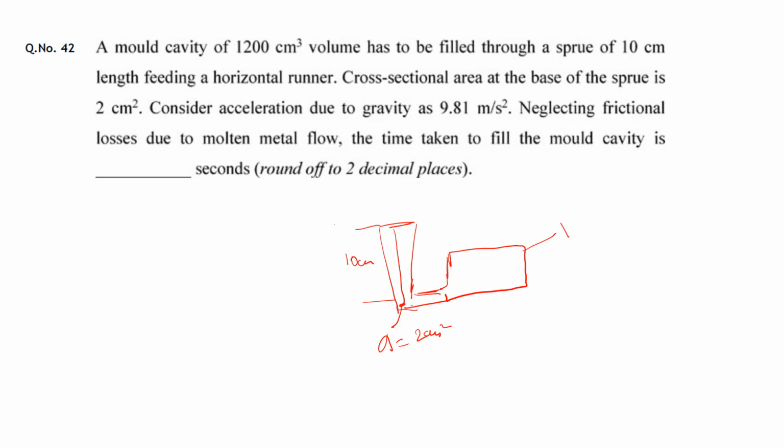And the complete volume is 1200 cm cube. So now we need to find the time for which this volume is getting occupied by the liquid flowing through the sprue. So what is the volume flow rate? If we calculate the volume flow rate, then we can easily calculate that time, right?